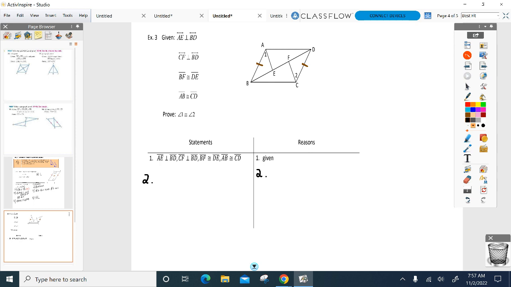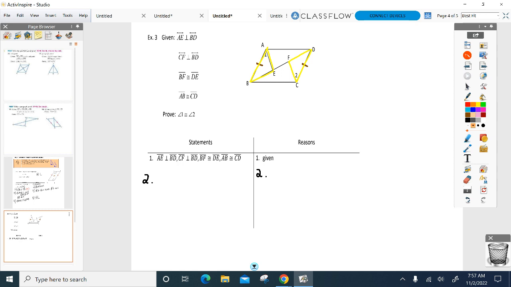What's our last reason going to be for why 1 and 2 are congruent? CPCTC. But that's not true unless the triangles that contain angles 1 and 2 are congruent. So we need to get the triangles congruent first so I can say 1 and 2 are congruent by CPCTC.